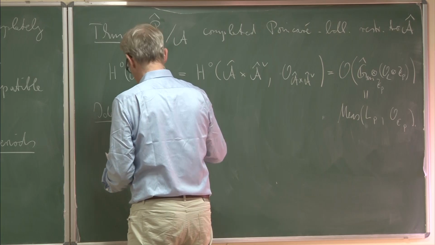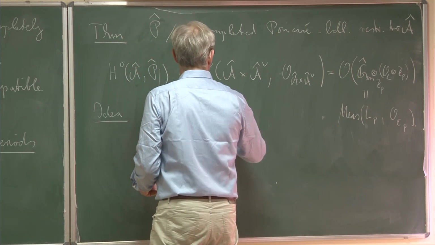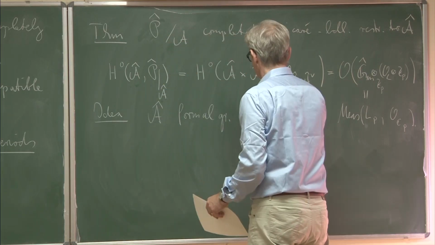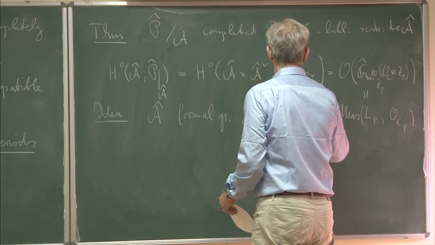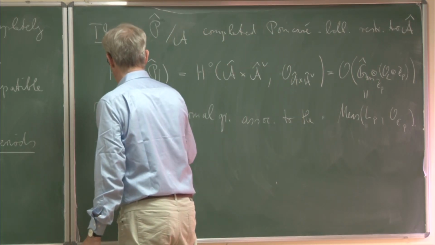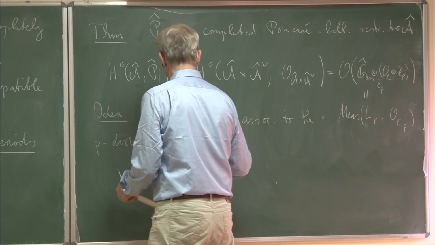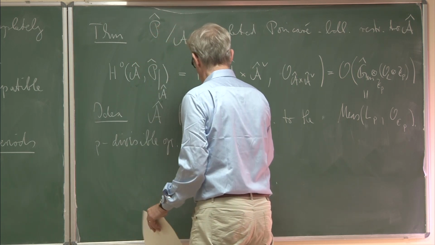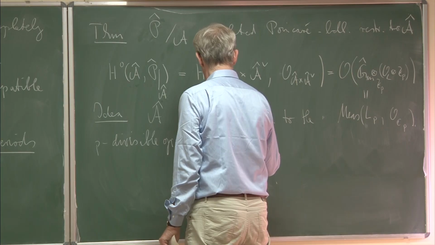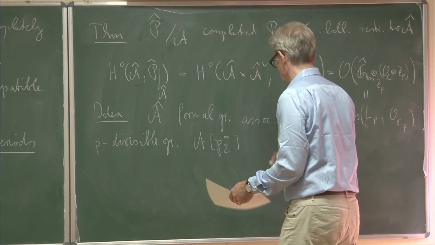So this is the formal group associated to the p-divisible group A p sigma infinity. Now I have problems in notation.